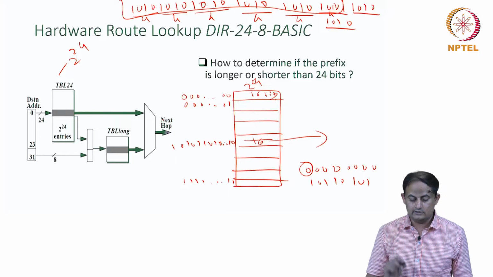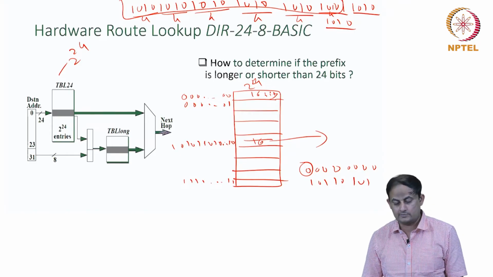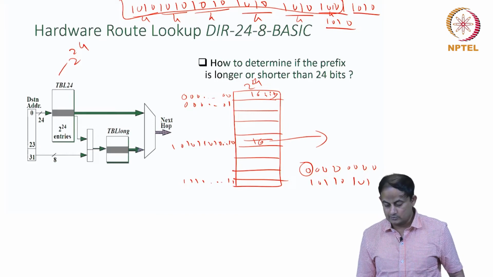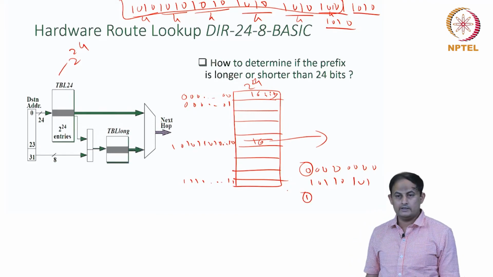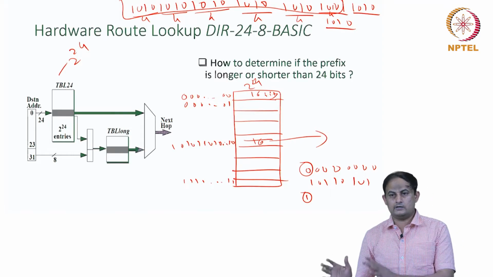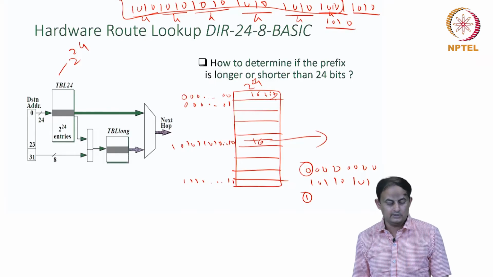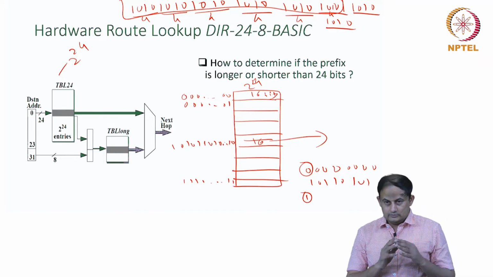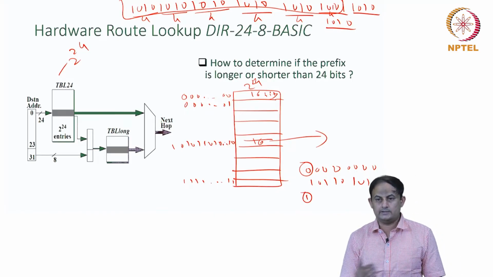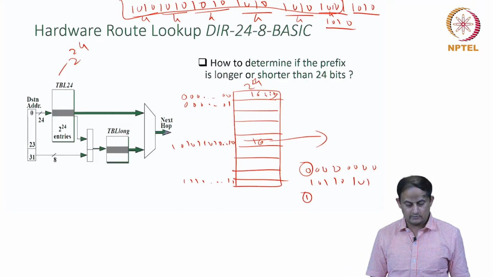The entry indicates on which port number I need to forward this packet, and I just forward it. If instead of 0 the first bit is 1, then the prefix is longer than or equal to 24 bits, a second level reference is required, and I go to the second level and decide there. So depending upon whether the first bit is 0 or 1, I decide whether a second level reference is required or not.